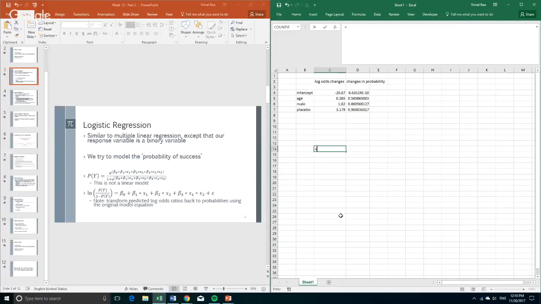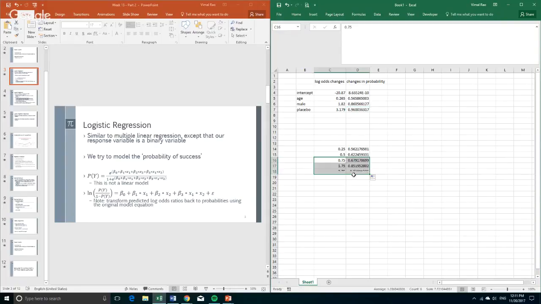Let me do an example of this. So we set our function, let's go 0.25, 0.5, and 0.75. And let's calculate the probability. So if this was our log odds, then this is the log odds converted to probability, okay?